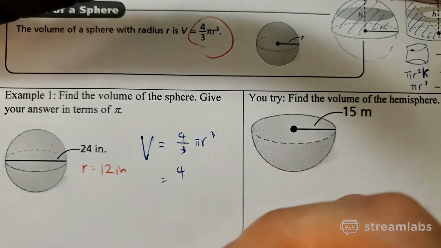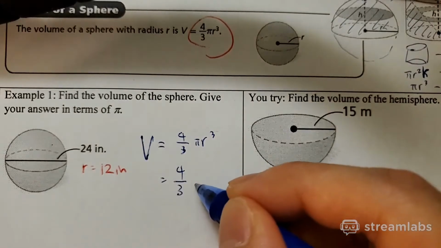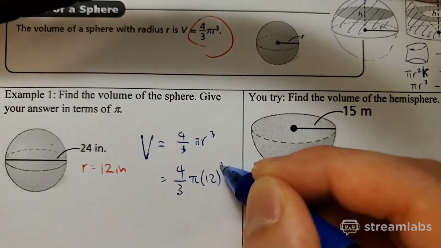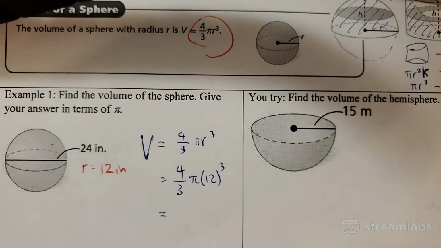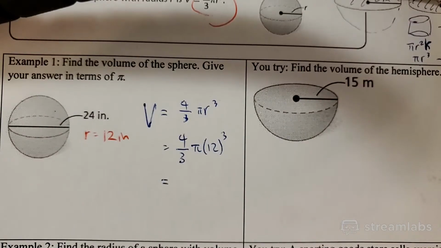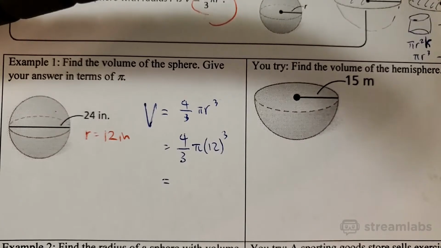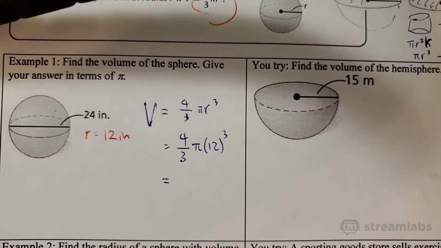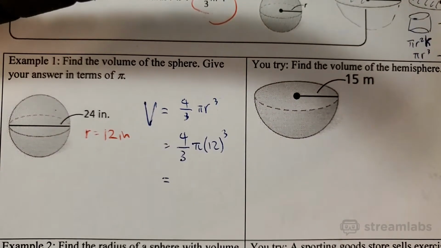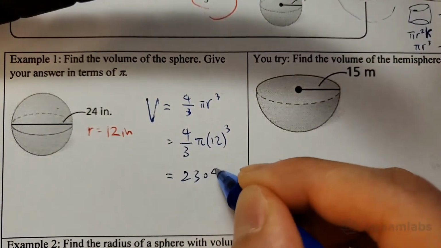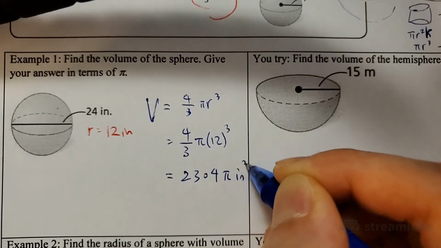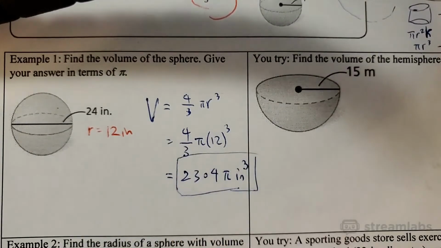So 4/3 pi 12 cubed. So it's going to be, what's this? 12 cubed. 4/3 times 12 cubed. 2304 pi inches cubed. Okay.